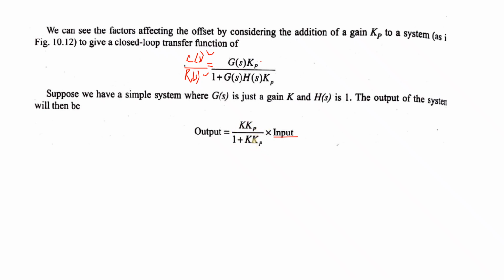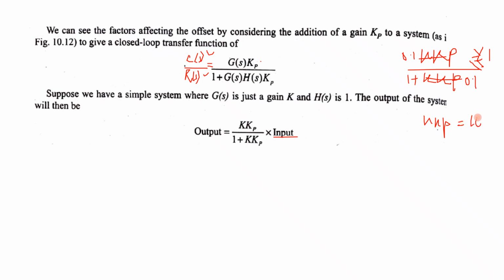Now we can see from here that this is output by input, and the ratio of output by input cannot be 1 because it is K Kp by 1 + K Kp. If it were K Kp by K Kp, then we would get 1, but there is a 1 plus over here. So if the numerator value is suppose 0.1 and the denominator is 1.1, then it will be hugely less than 1.